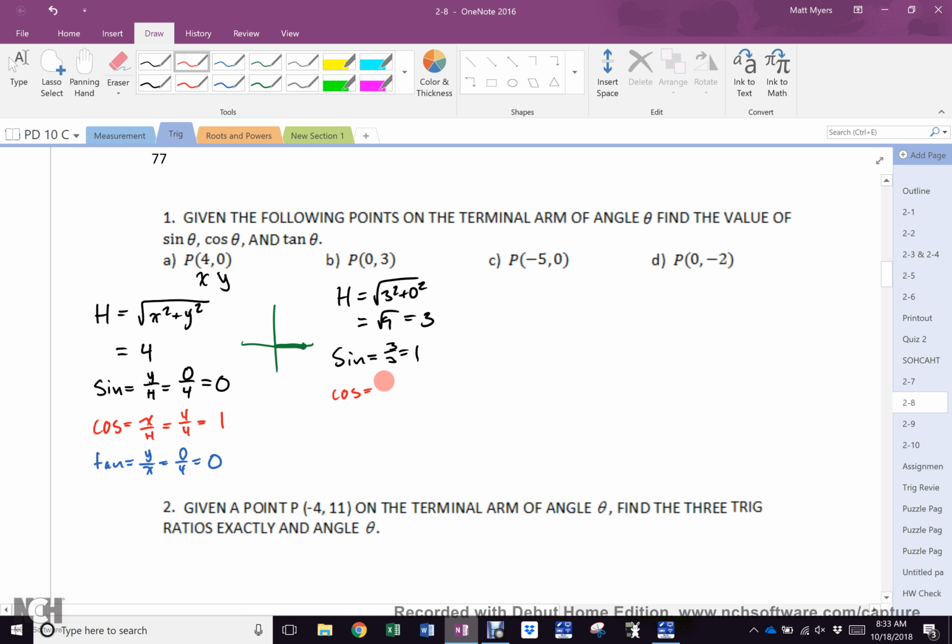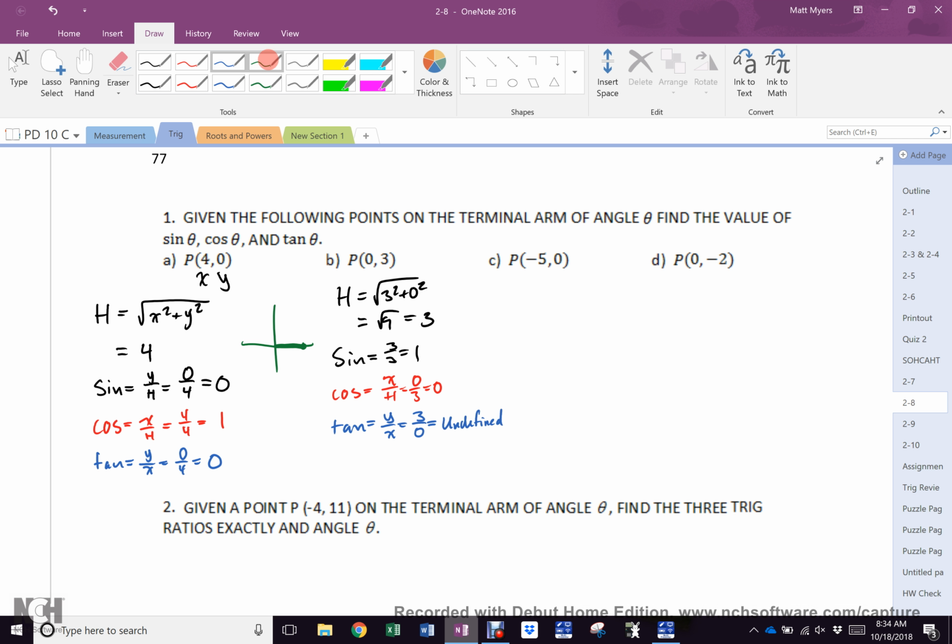X over h, which is 0 over 3, which is 0. And what is tan? Y over x, which is 3 over 0, which is no. You can't divide by 0. It's infinite, yes? So this is what we call undefined.